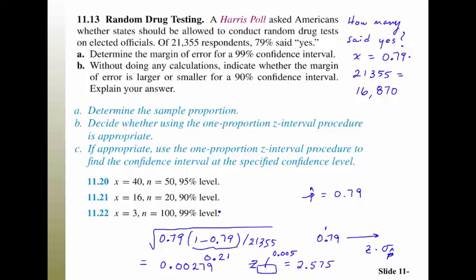So we get a very, very small standard deviation. Okay, so we got our 0.79.